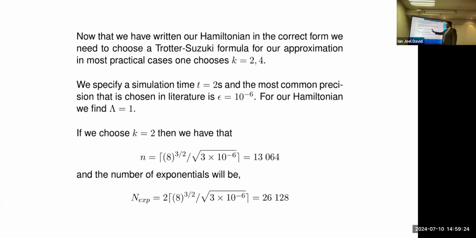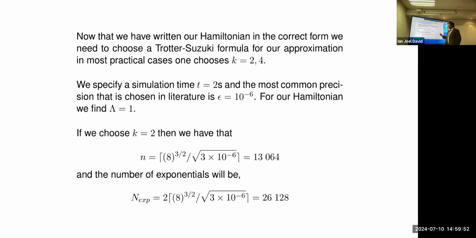For our Hamiltonian, it's very easy. The maximum of the norms is always going to be 1, because each of the individual terms just has a norm of 1. And if we choose just the order k equals 2, the second order approximation, the number of times you need to repeat that second order approximation formula is going to be 13,064.